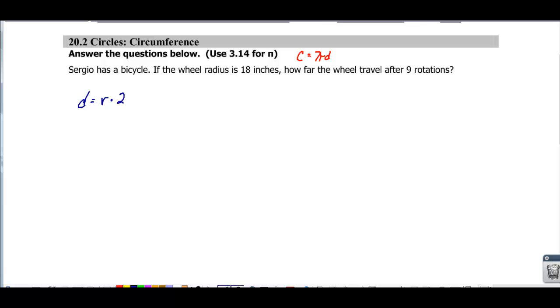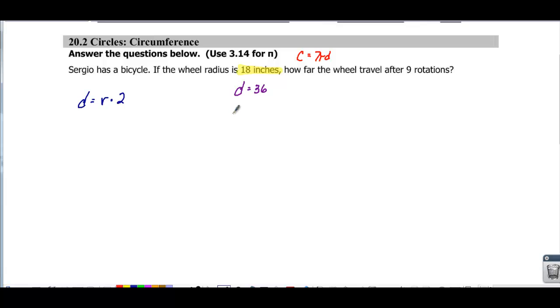In this case, they tell you that the radius is 18 inches. So the first thing we're going to do is get a diameter out of that. If the radius is 18 inches, then the diameter is 36 inches.